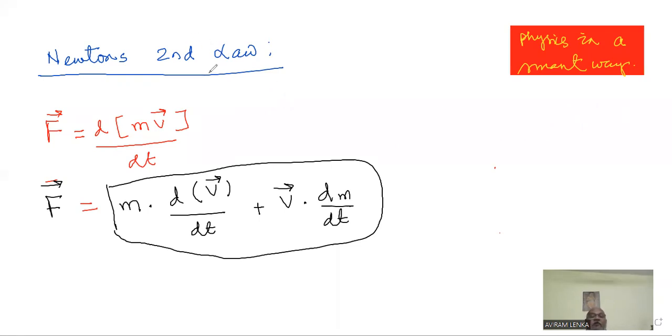Our basic job is to get strong on Newton's law. So on the right-hand side there are two terms: m into dv by dt plus v into dm by dt. We know dv by dt is acceleration, the rate of change of velocity, plus v into dm by dt.